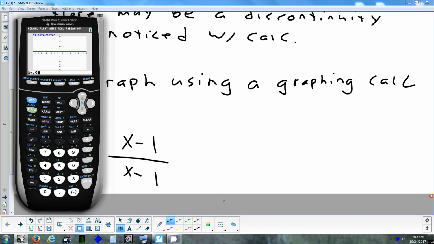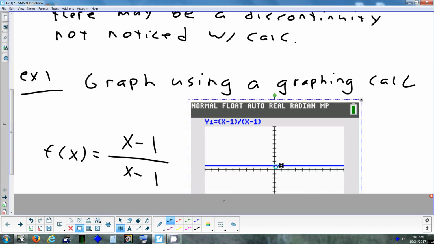If you trace to .99999, that's fine. If you trace to 1.00001, that's fine. You just can't type in 1. So that's what that one looks like.